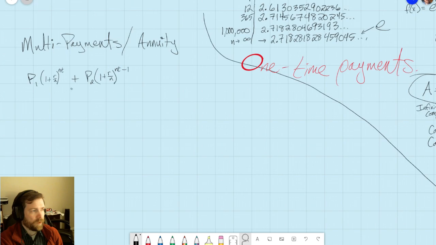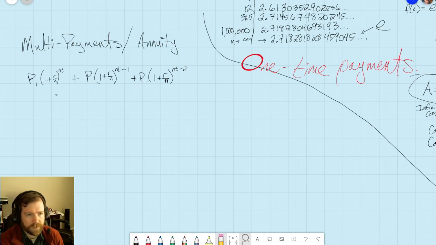Now, generally speaking, we say that those payments P1 and P2 are the same all the way across the board. And P3 likewise is going to be 1 plus r over n to the nt minus 2.